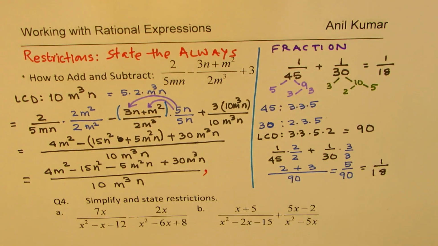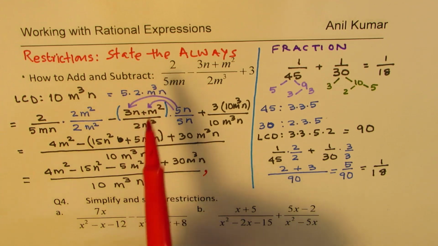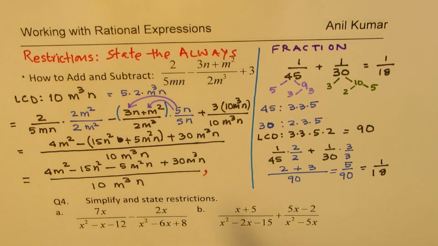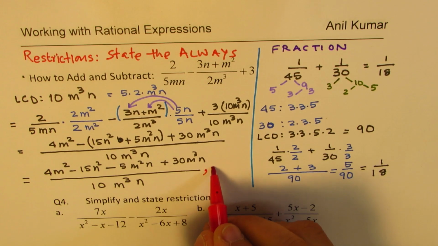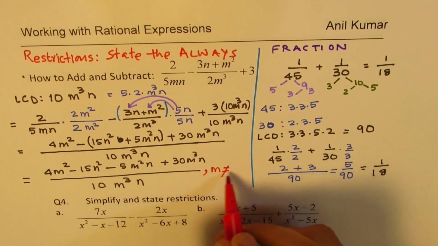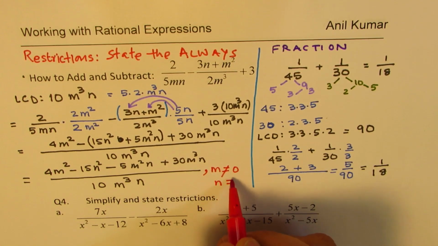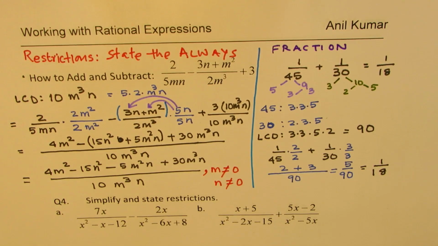So in rational expressions, remember, by definition, we are dividing two polynomials and the denominator cannot be 0. So whether it is included or not, you have to state restrictions, okay? Now here, the denominator has two variables, so m cannot be equal to 0 and n also cannot be equal to 0. Perfect. So that completes our work.